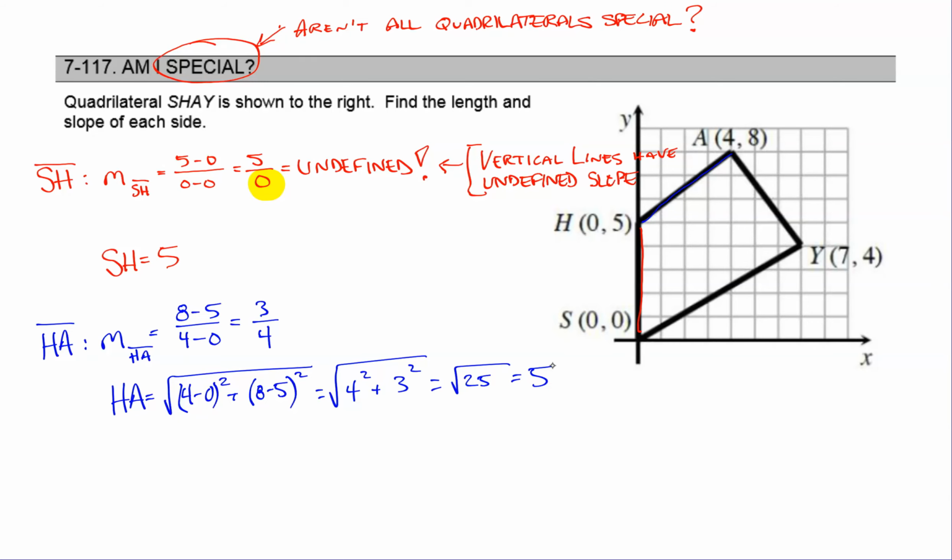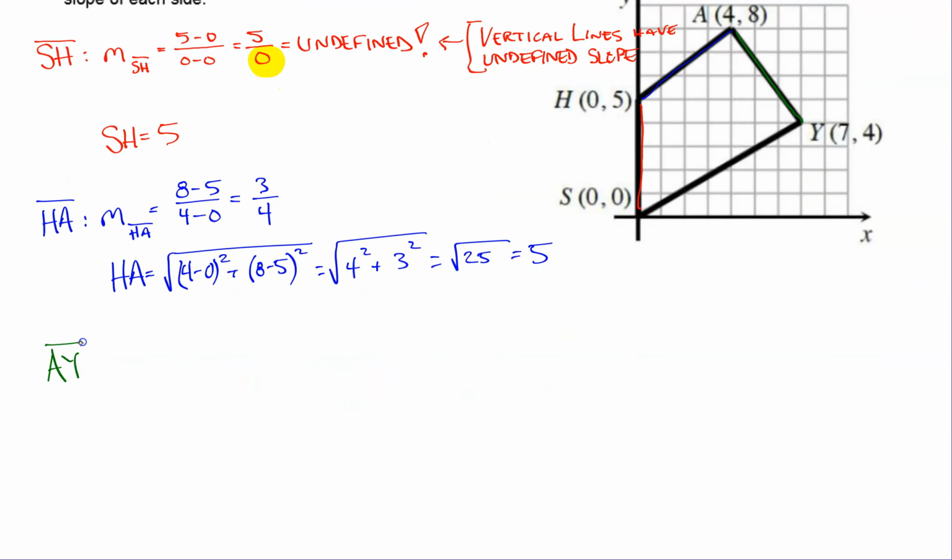Let's move on now to segment AY. I get a slope here of 4 divided by -3. If it's okay with you, I like to keep my negative signs in the numerator. I just think it's a more standard way to do it. As long as you only have one negative sign in the fraction, the entire fraction is negative.